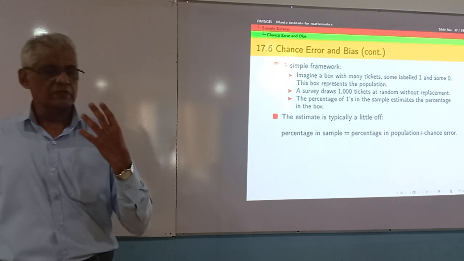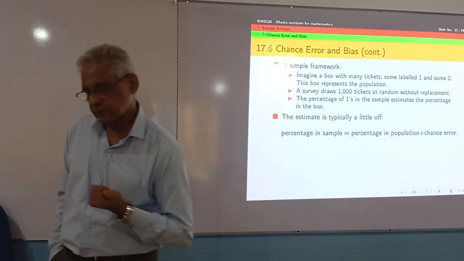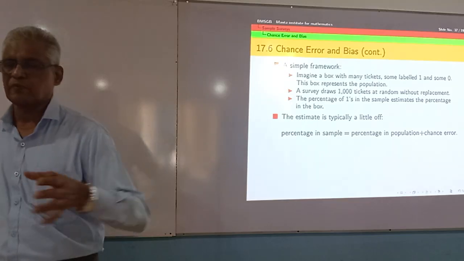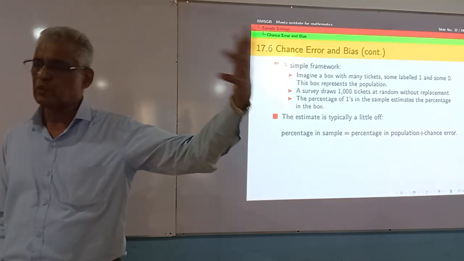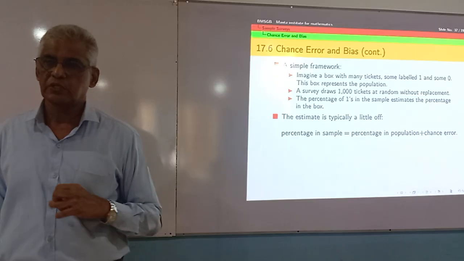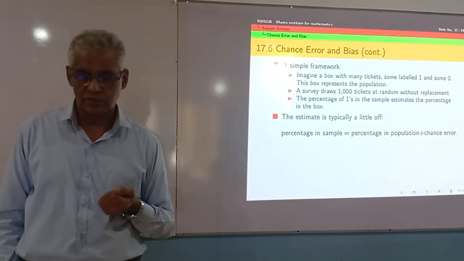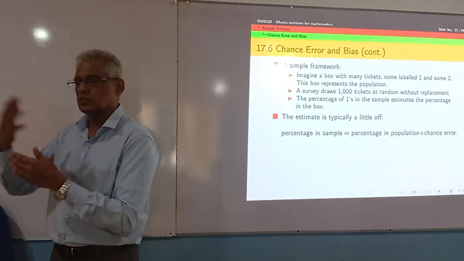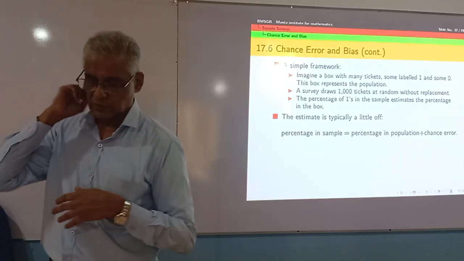So if you use a random sampling method, whatever the estimate, maybe you are estimating a population mean, or a population proportion, or a population percentage. That quantity is estimated using a sample quantity.